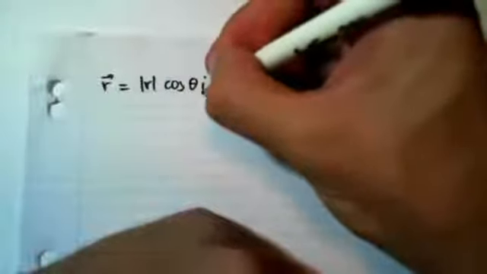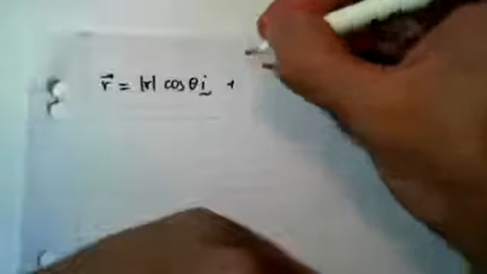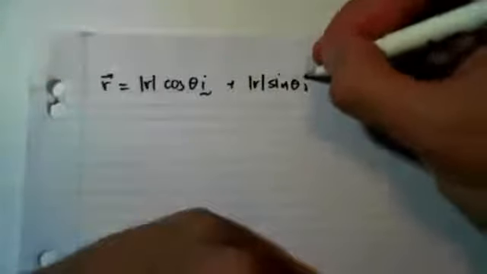So we can define our position vector like so. This equals the magnitude of r cosine theta i plus the magnitude of r sine theta j.